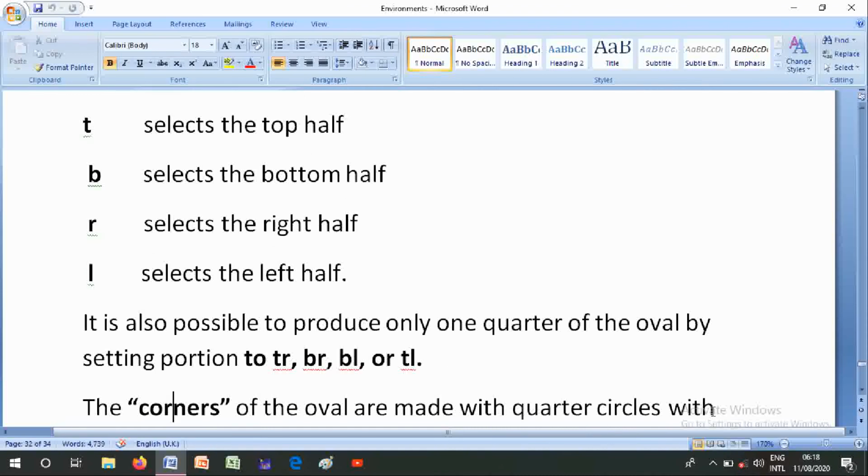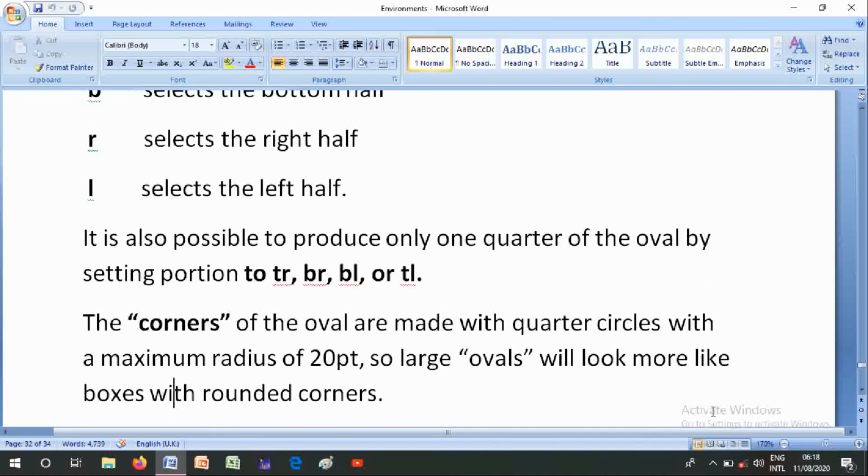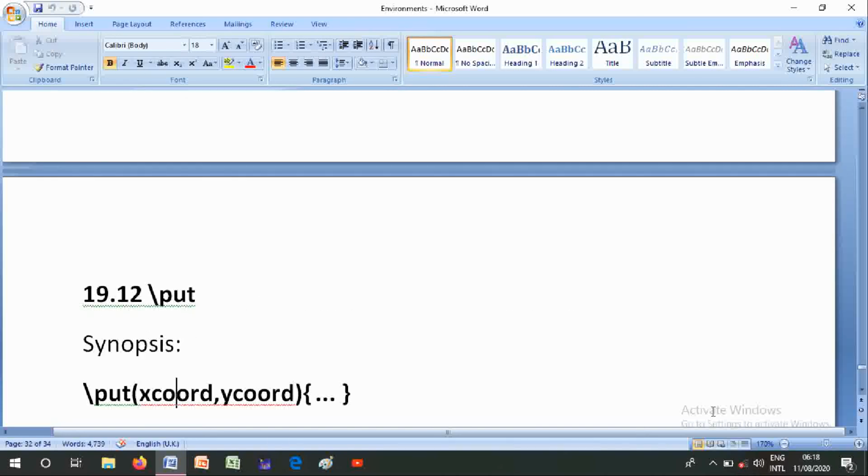It is also possible to produce only one quarter of the oval by setting portion to tr, br, bl, or tl. The corners of the oval are made with quarter circles with a maximum radius of 20 points, and so large ovals will look more like boxes with rounded corners.